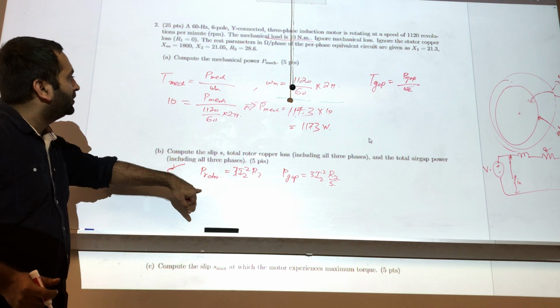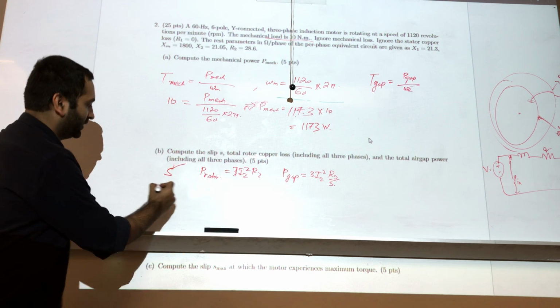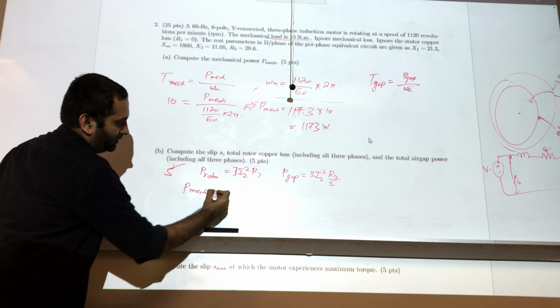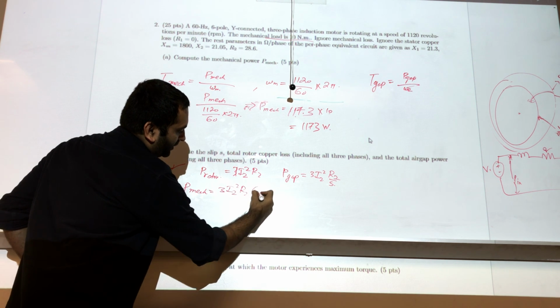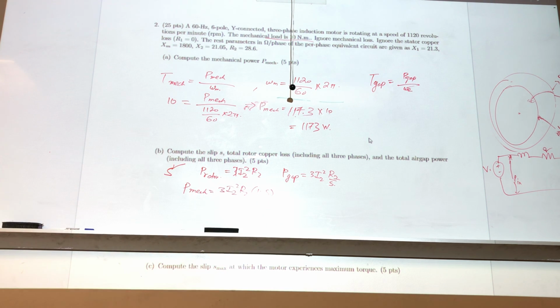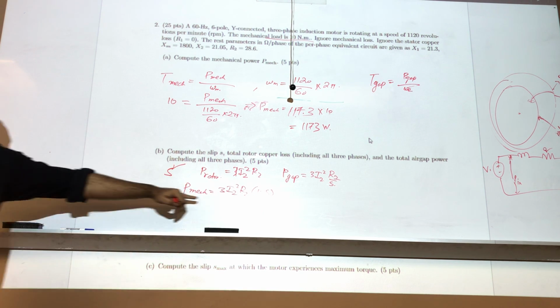Now what is known to us? Pmech is known. What is Pmech? 3 I2 square R2 times 1 minus S over S, right? Because Pmech equals P gap minus P rotor. From there you can find this formula.